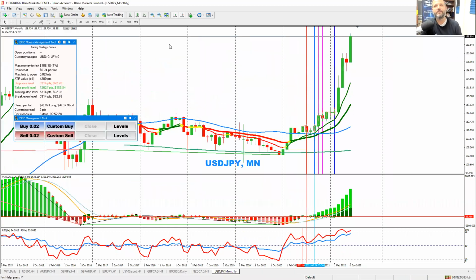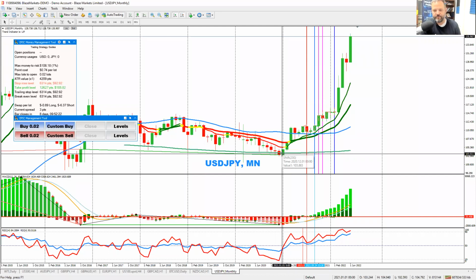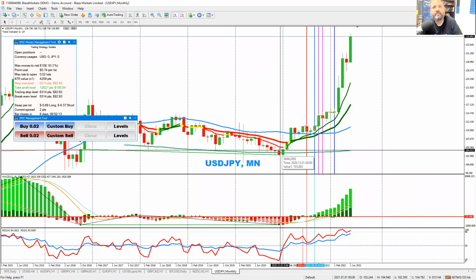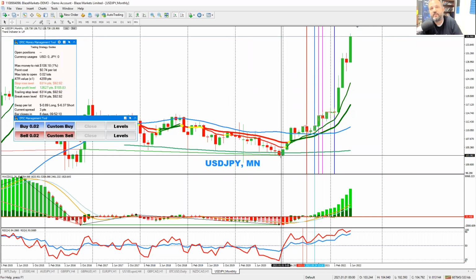So if we look at the monthly time frame, I always use the monthly as a guide. That's one thing I really think would be important for you guys to write down: the monthly time frame. If you'll notice, ever since January 1st, 2021, we're going up.